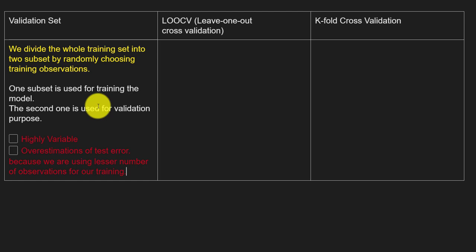So to fix this, another method has been developed called leave one out cross validation.